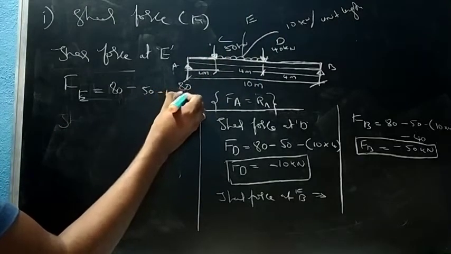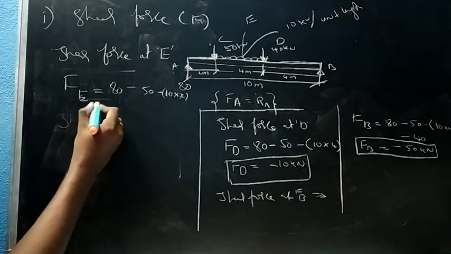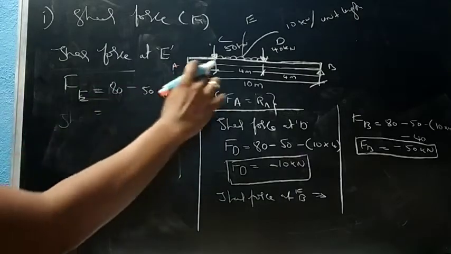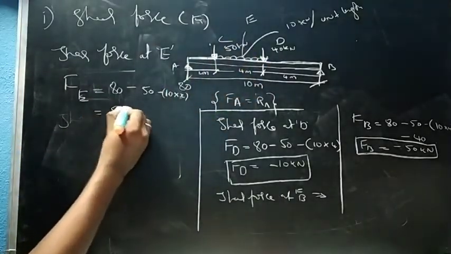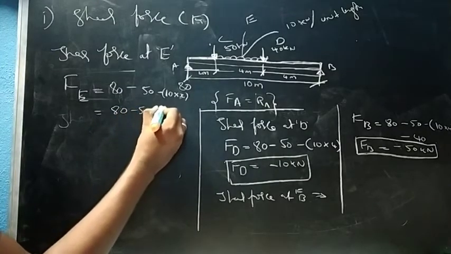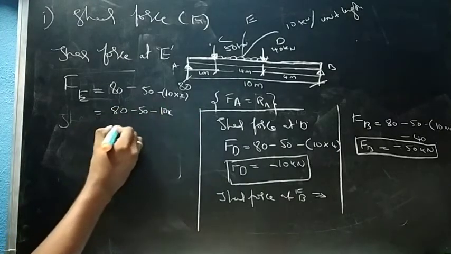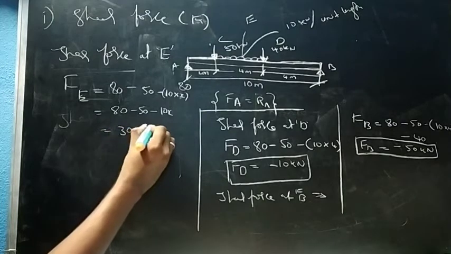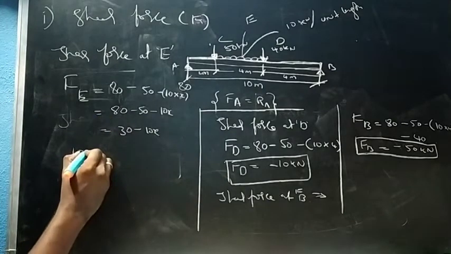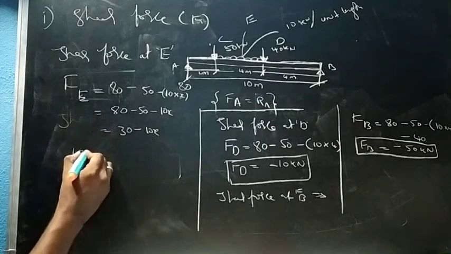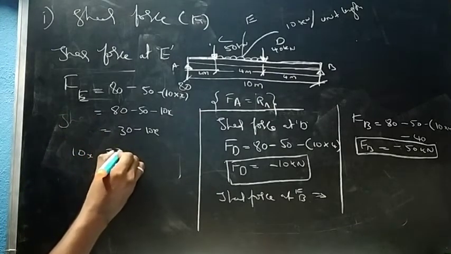Okay, so we have to find out the X, that is the distance from A. So I can write 80 minus 50 into 10x. From here 30 minus 10x. I will bring this 10x on right hand side, on your left hand side, that is 10x equals to 30.